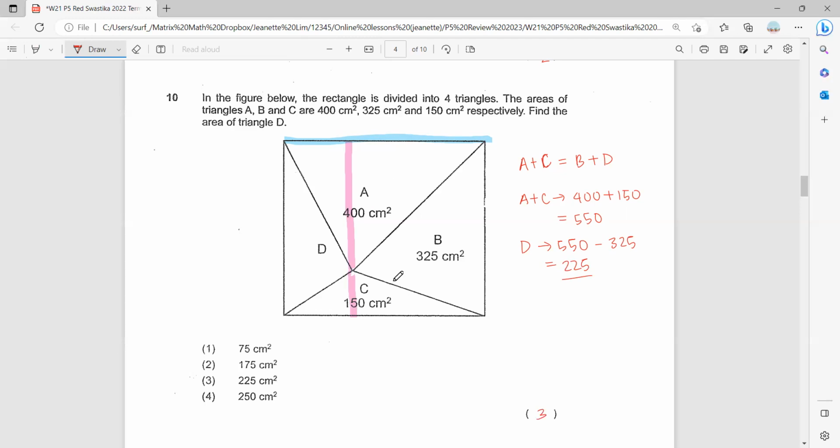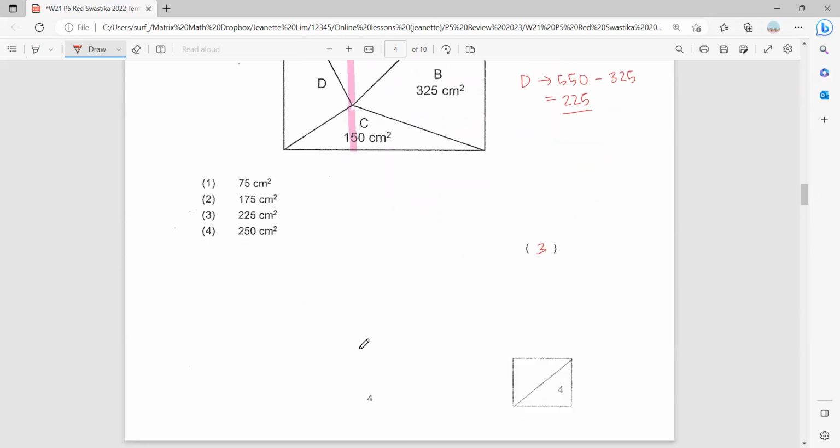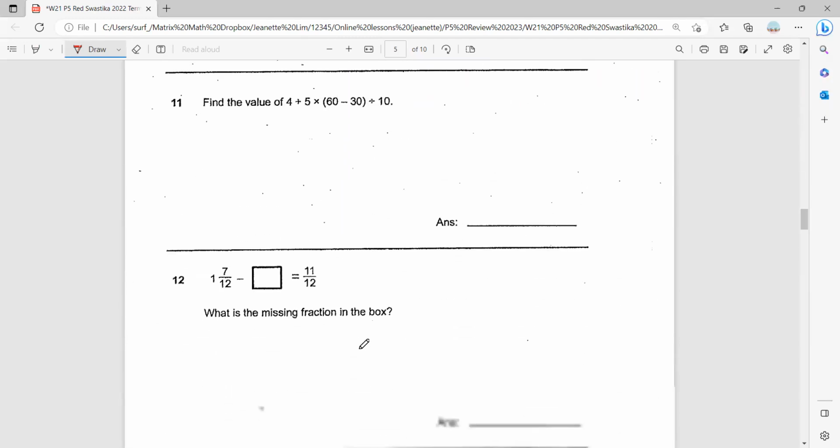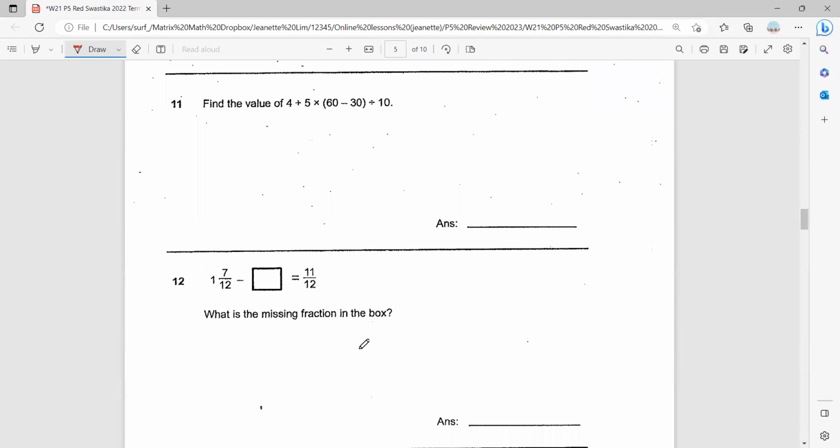Because the combined area of A and C is half of the rectangle, I can use that to compare against B and D. Question 11, order of operations.